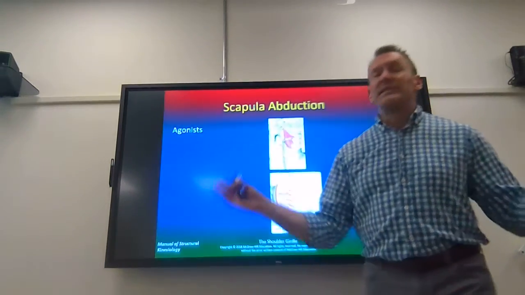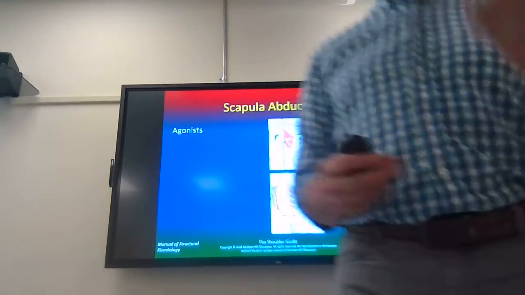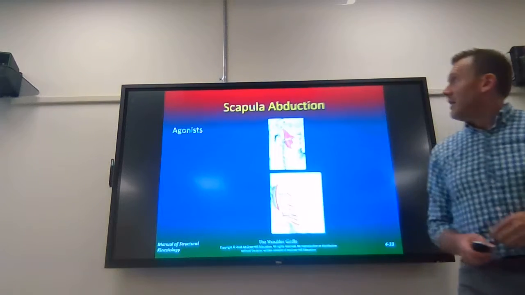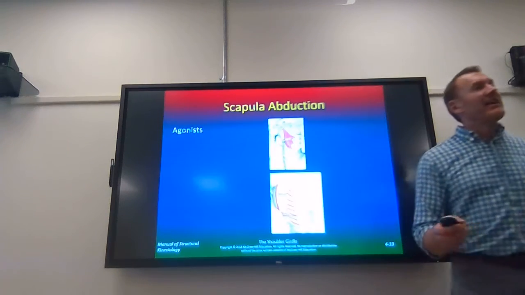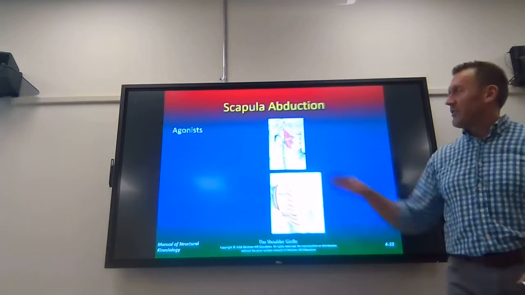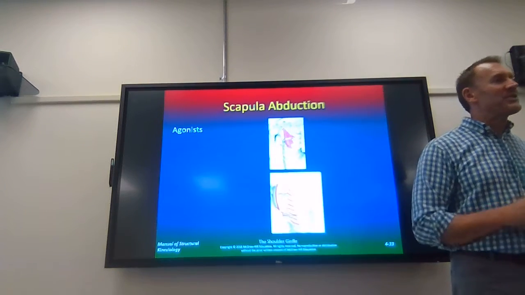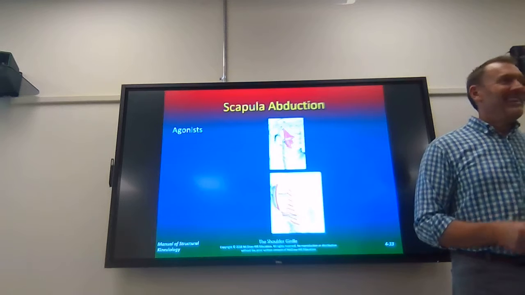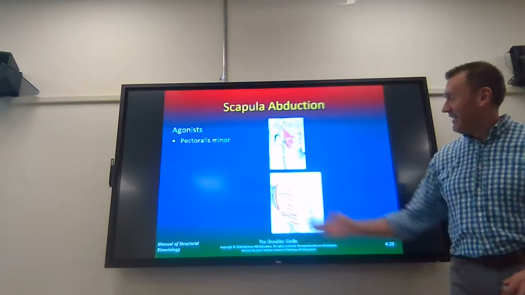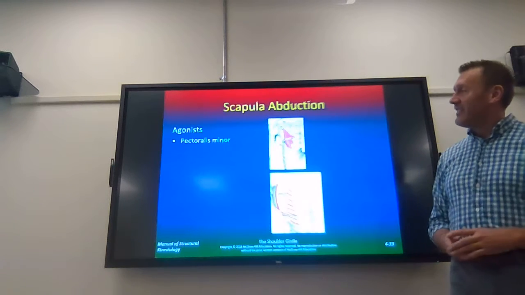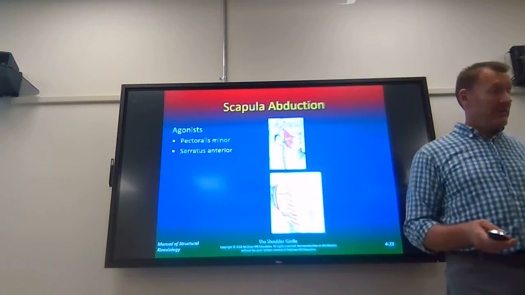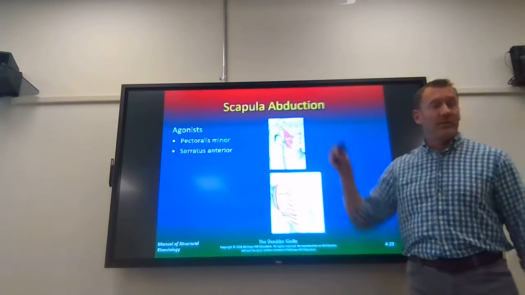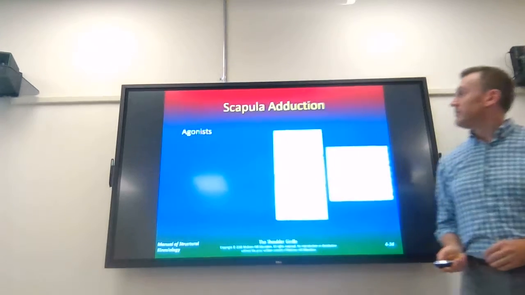Okay, so the overall summary, chapter 4, overall summary, here we go. So scapula abduction, agonist, can you identify from the picture? So if I put this on an exam with pictures, could you tell which muscle? Okay, so what's this? Pec minor, okay. Yeah, okay, so those are your two agonists for abduction or protraction.